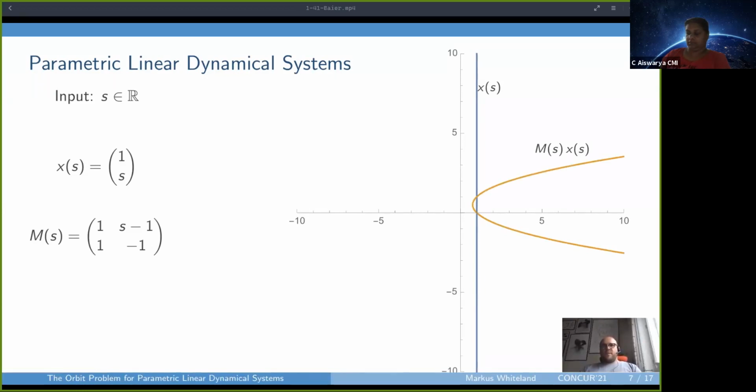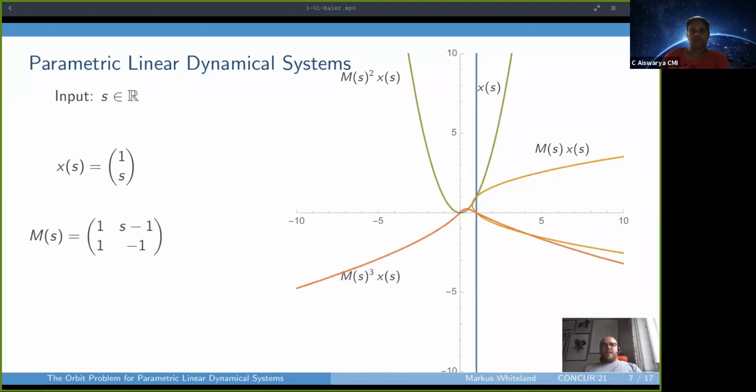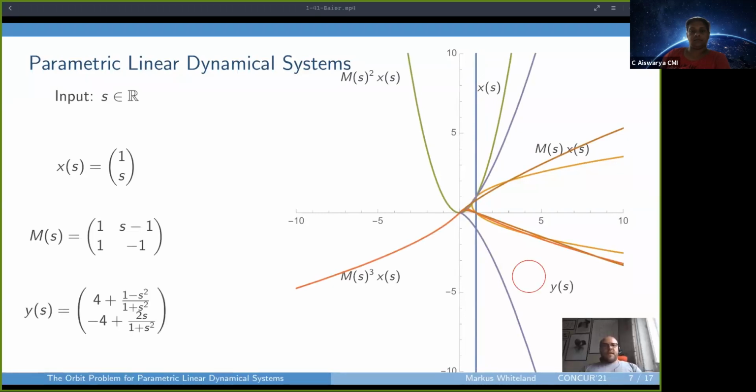It is this parabola opening to the right. Mapping again by m, we get the range of the third point in the system, which is now m squared of x. And continuing, we get the fourth and the fifth and so forth ranges. We then add into the mix this target vector y depending on s, and the range of y is this red circle in the picture.